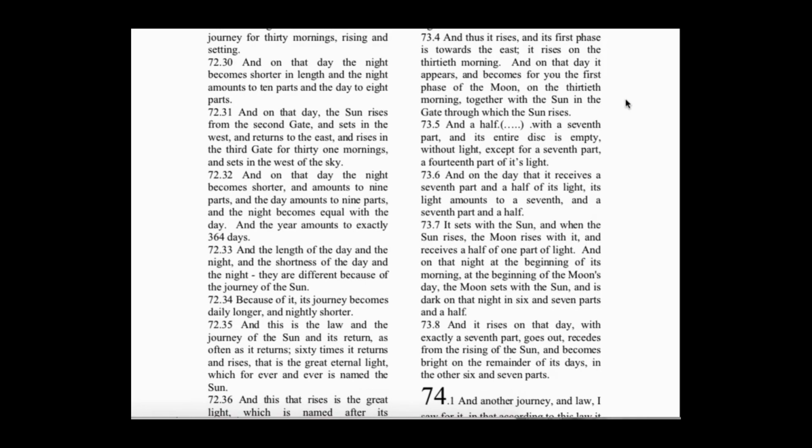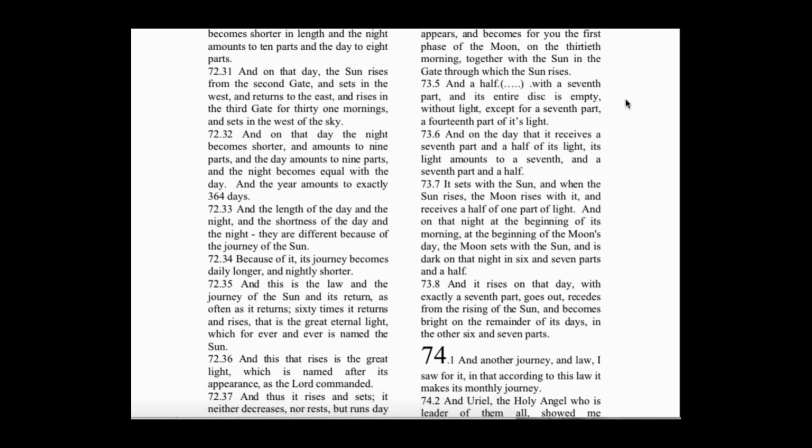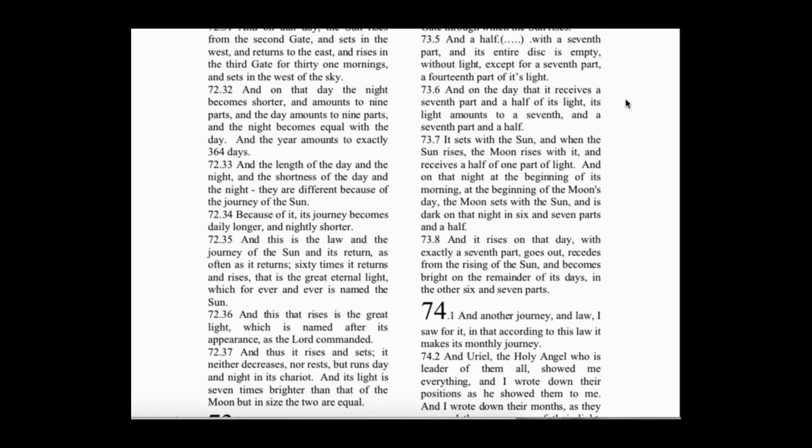begins on the 30th of the month, which is the end of the month, and then the first of the month, right? That's the first phase. All right. And a half, I don't know why they skipped that, with a seventh part.